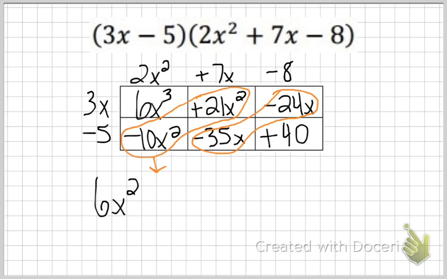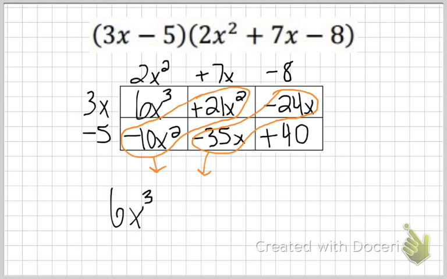We combine those two. Negative 10 plus 21 would give us a positive 11x. Then, of course, we would combine these two in the calculator, and that would give us a minus 59. Okay, let me start again, because I kind of made a mistake here. We start off with the highest degree, and that is an x to the power of 3.